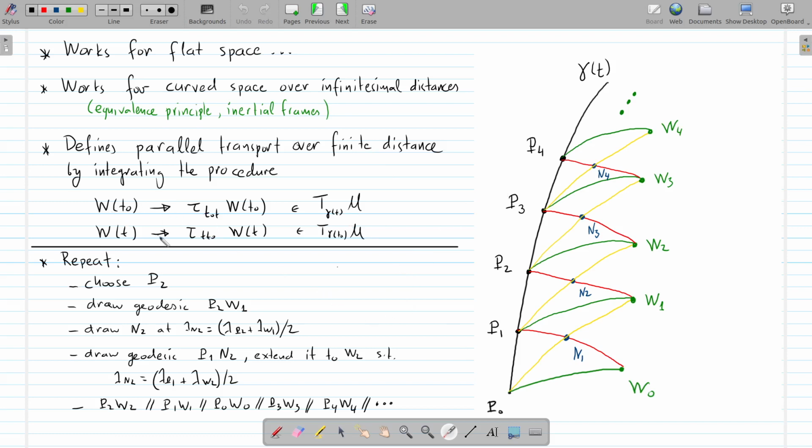So the vector W at T0 can be parallel transported to a point on the curve given by the parameter T, which we will call tau T0T of W T0. And you see that this construction can be reversed to get back to the same point. So WT can be transported back to T0 using the same construction.